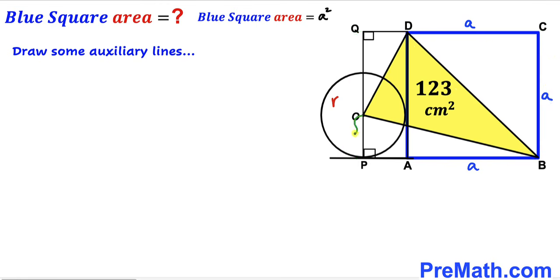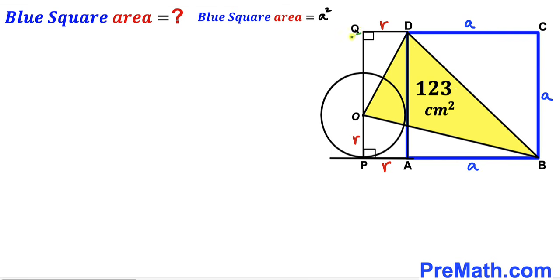We can see this OP is the radius of this circle, so this is going to be lowercase r. Likewise, this segment PA length is equal to this radius length, so this segment PA is going to be lowercase r, and likewise, this segment QD is lowercase r as well.